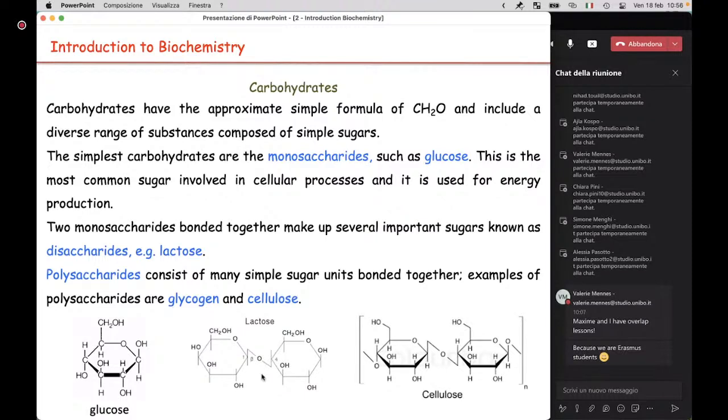But they can also bond to proteins to form glycoproteins. Glycoproteins have different functions from the protein from which we started. A protein by itself has some function, but by attaching polysaccharide chains to it, its function is modified.